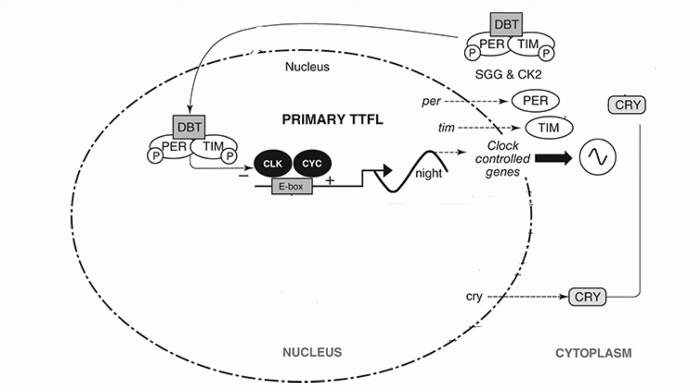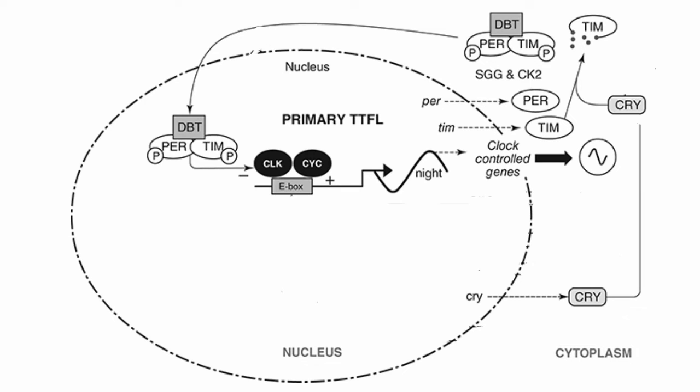CRY, the cryptochrome protein, is produced like the other proteins in the cytoplasm and builds in abundance along with the other proteins. It has the ability to do what double time can do to period: cryptochrome degrades timeless.